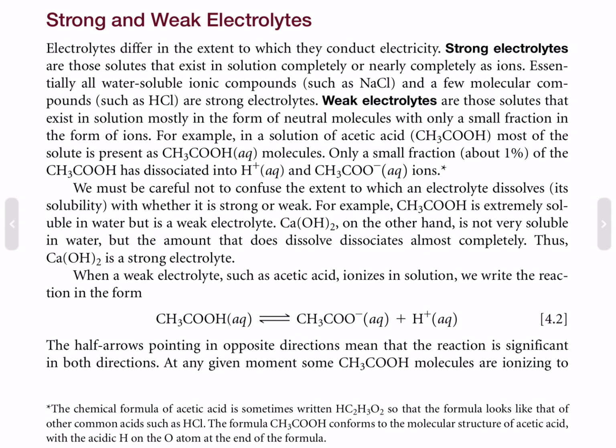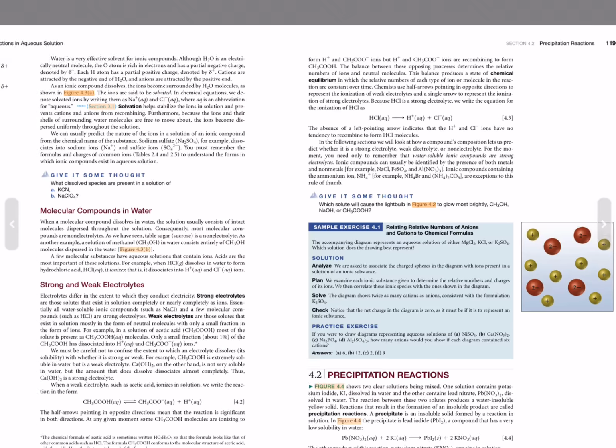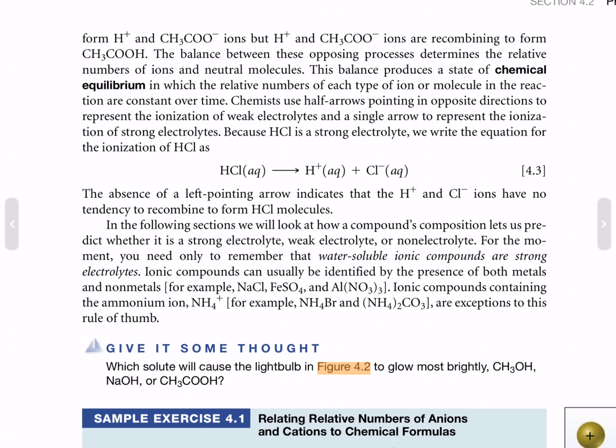At any given moment, some of the acetic acid molecules are ionizing to form hydrogen and acetate ions, but hydrogen and acetate ions are recombining to form acetic acid. The balance between these opposing processes determines the relative number of ions and neutral molecules. This balance produces a state of chemical equilibrium, in which the relative numbers of each type of ion or molecule in the reaction are constant over time.